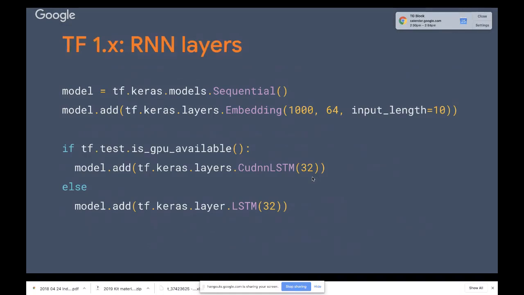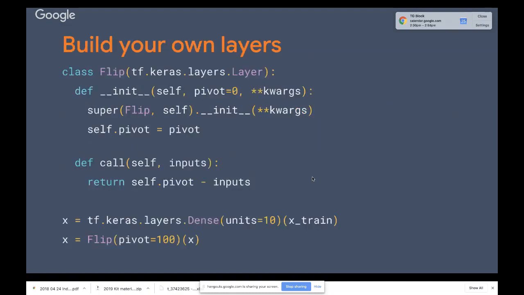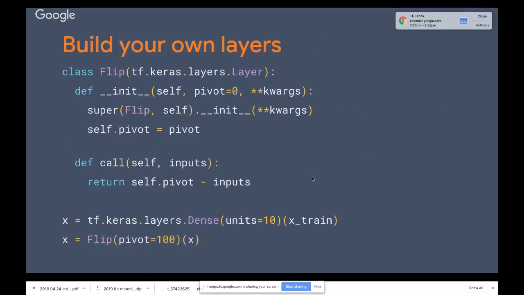So in TF 2.0, that entire complexity is removed. You make the same layers call, and what the TensorFlow runtime does for you is at runtime, it will query the device type that you are going to use, and then come up with the correct layers in a manner that is completely transparent to the developers. And in addition, again, the extensibility is still open.